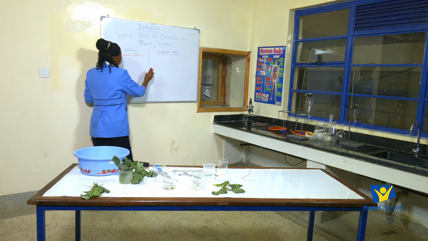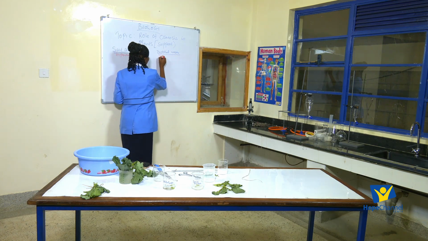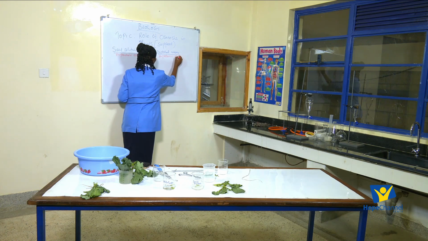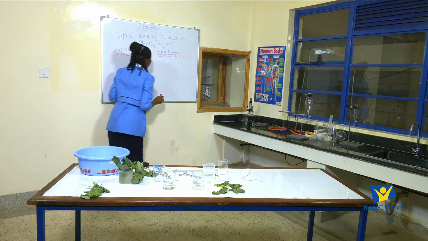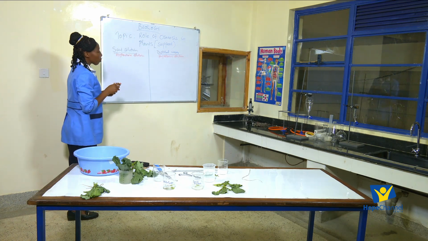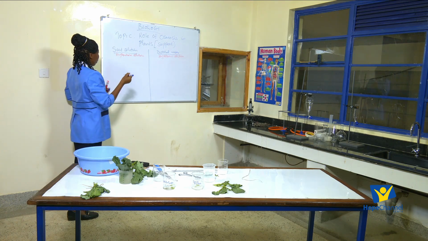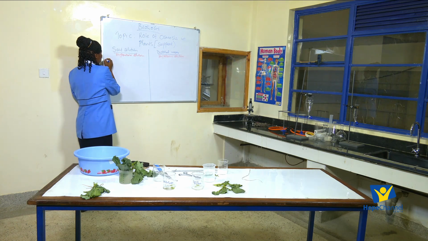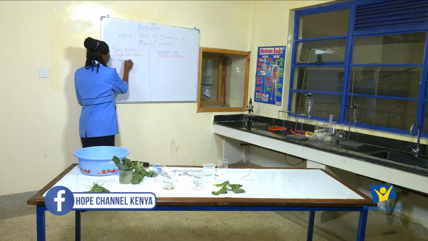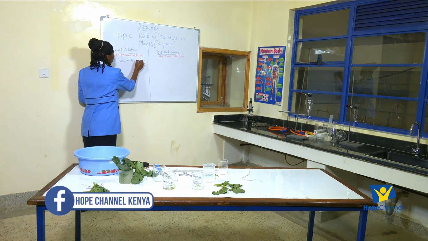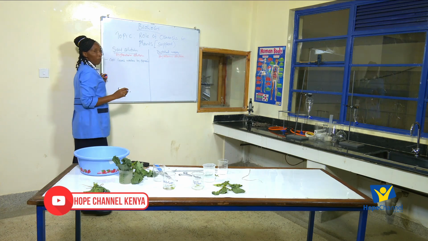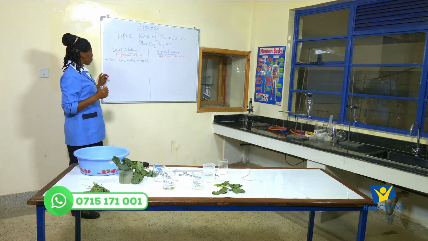And distilled water, in this case, is representing hypotonic solution. If now you have the two cells, a cell that is in hypertonic solution loses water by osmosis.